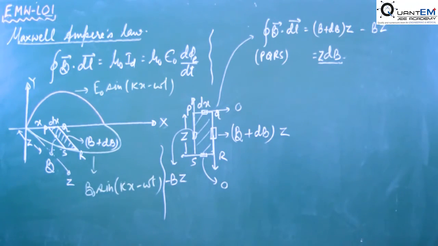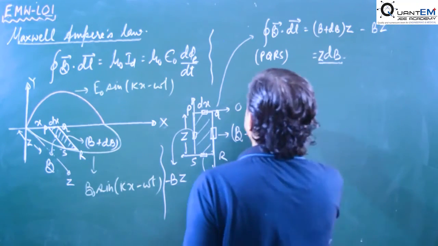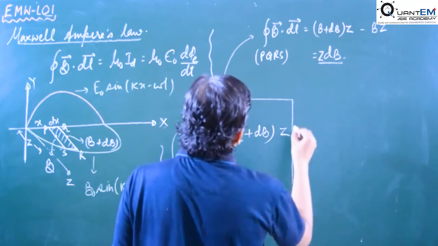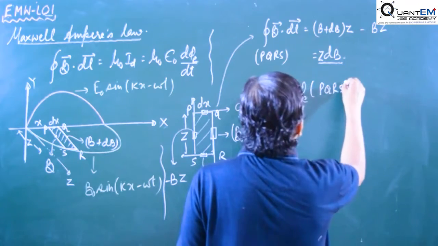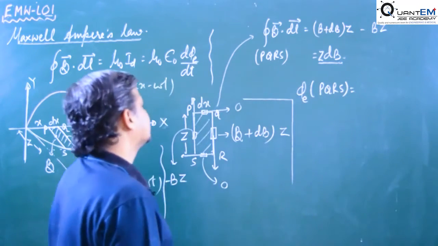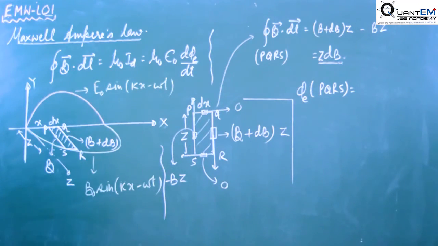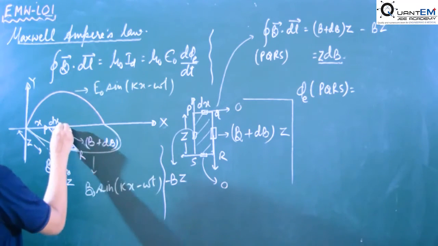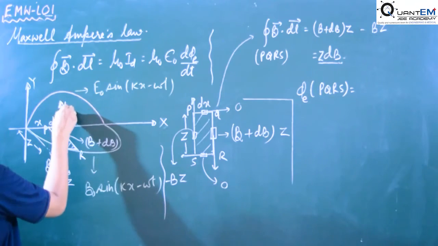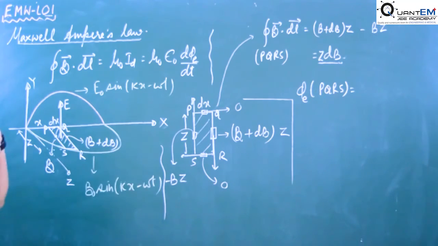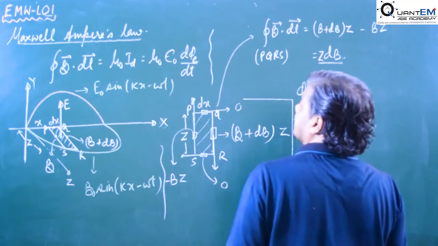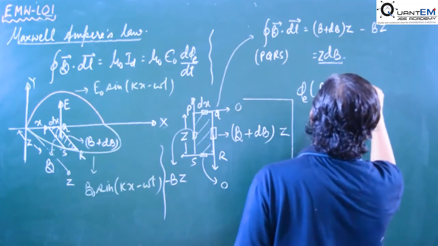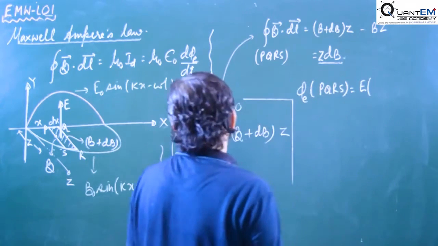Now we come to the value of flux for this part. So electric flux for the part PQRS, that is what, electric flux we have to get. So electric field here, which direction is it in, it is in the upward direction, okay. So electric field and area are in the same direction, so electric flux is equal to electric field into area of this part.